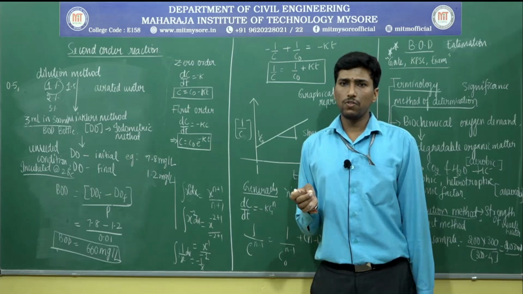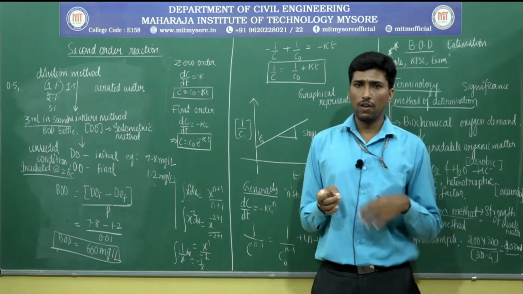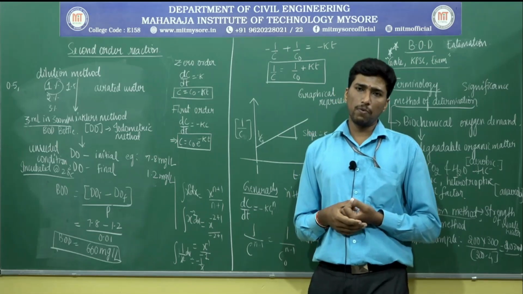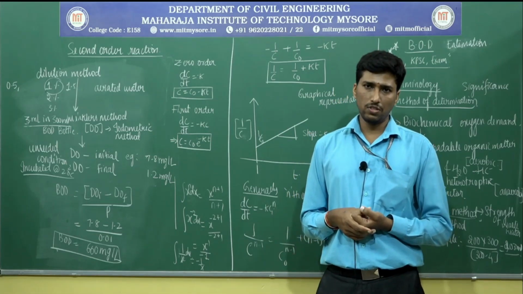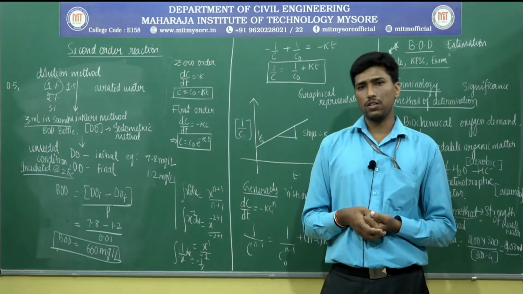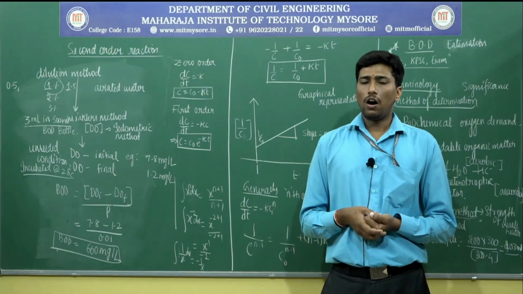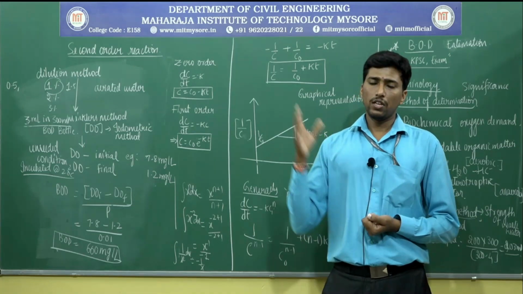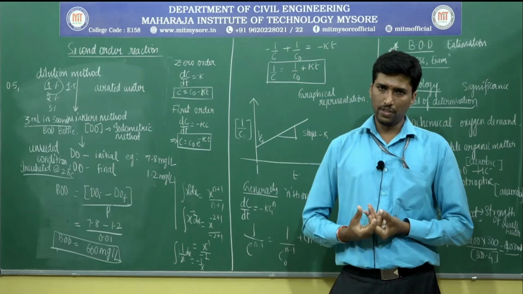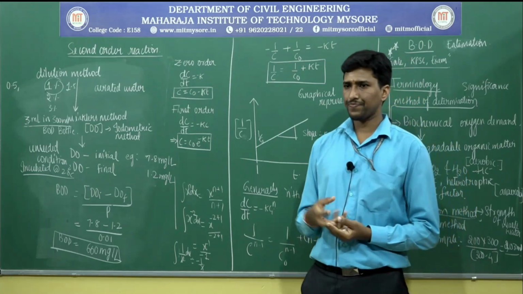In the determination of the BOD, there are different methods. We call them the respirometric type of method or the electrometric type of method. These are the different methods utilized for estimation of the BOD. One of the methods generally or widely followed is the APHA method, Winkler's method, of determination of the dissolved oxygen concentration.